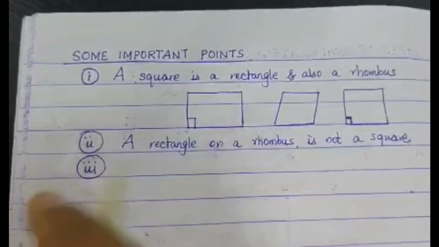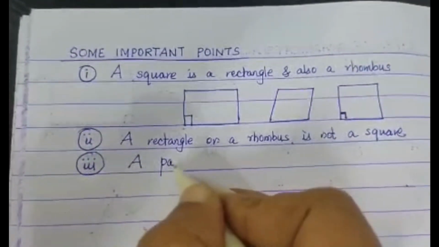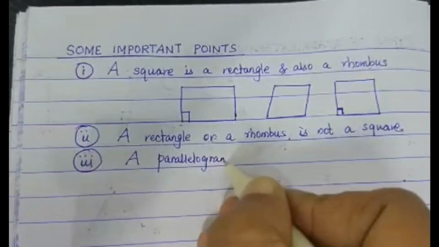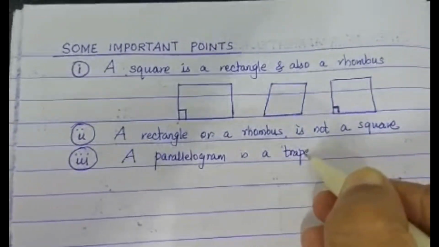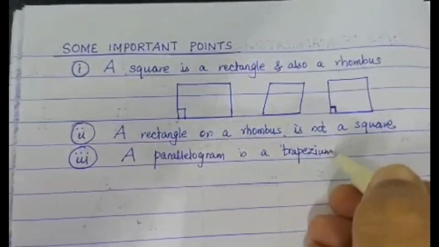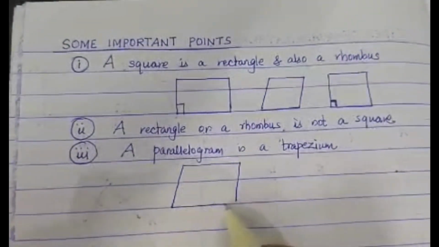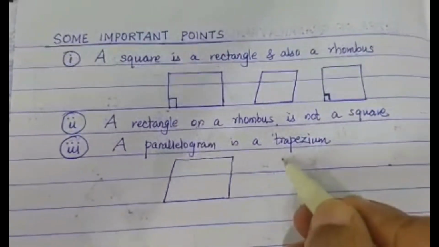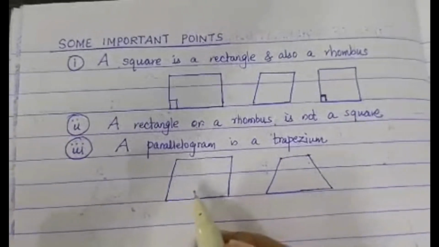Now the third one: a parallelogram is a trapezium. A parallelogram is like this, both pairs of opposite sides are parallel. A trapezium is like this, only one pair is parallel.